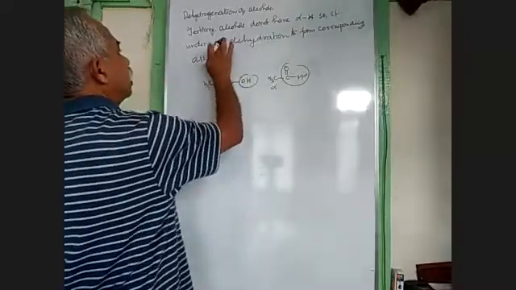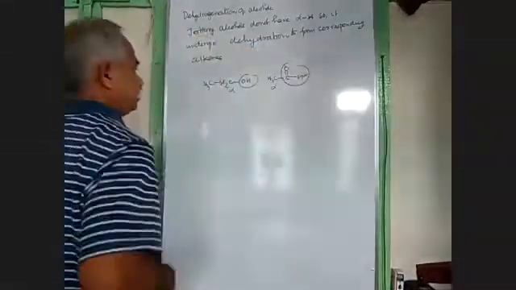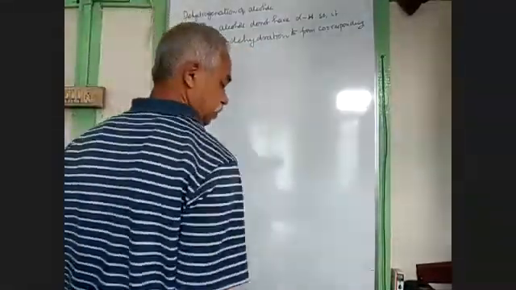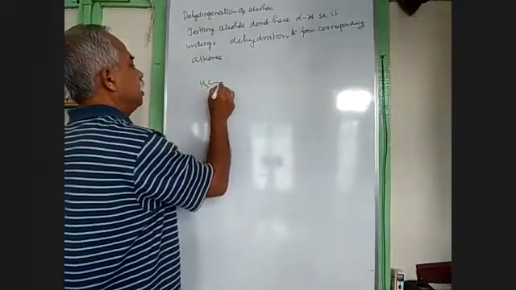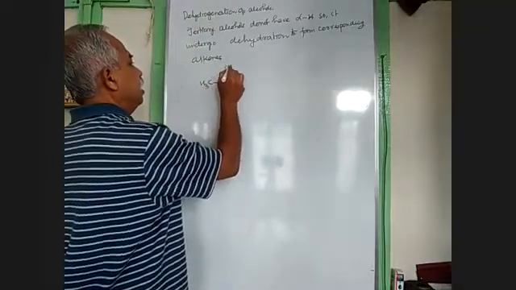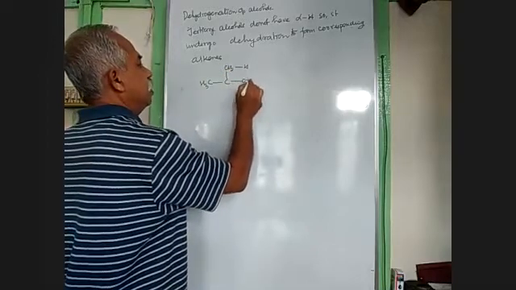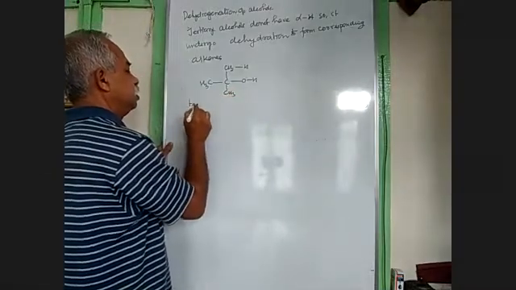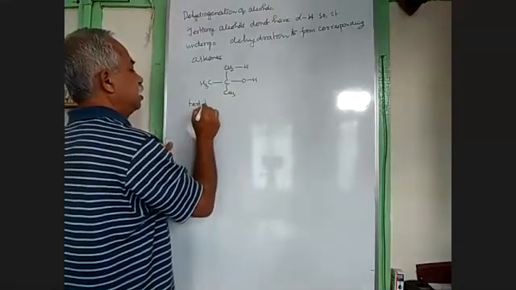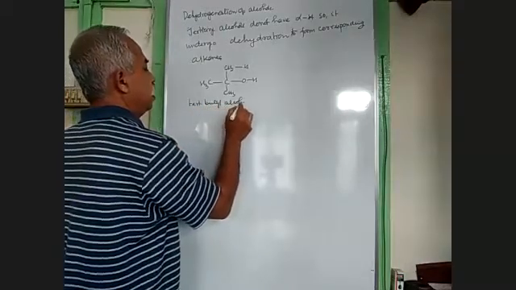Not aldehyde, alkenes. So I'll draw it like CH3, C, OH, CH3, CH3. What is this? This is tertiary butyl alcohol.